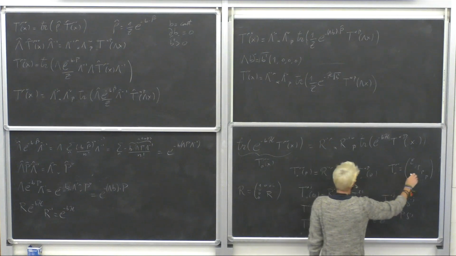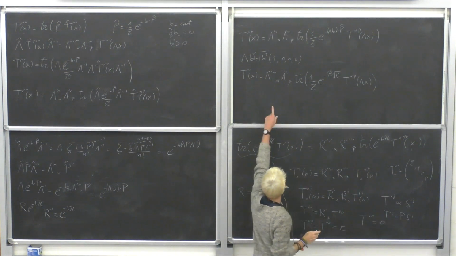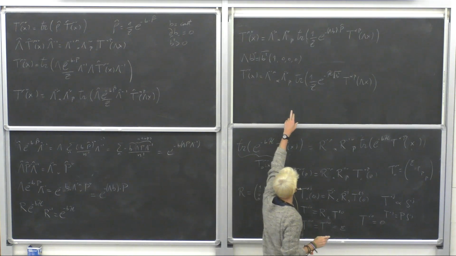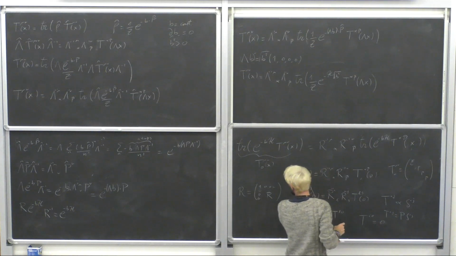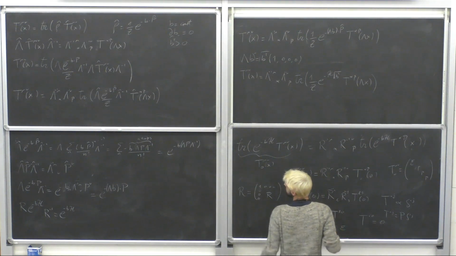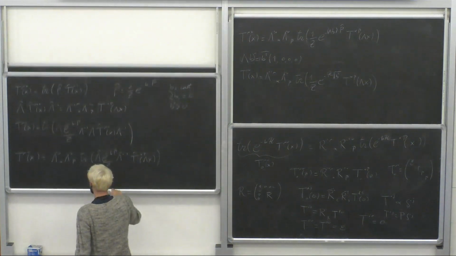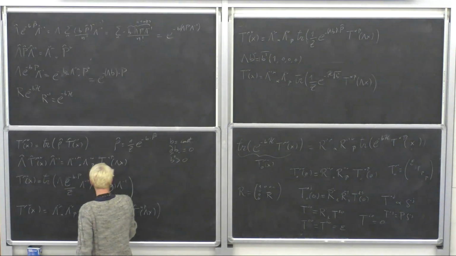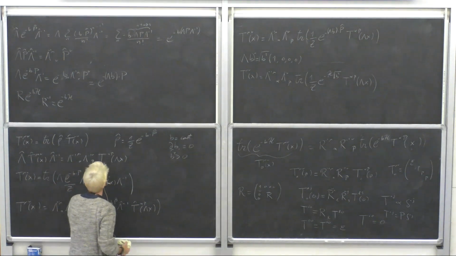And we can write this using the 4-vector there, 1, 0, 0, 0, and the metric. Let me write it somewhere.